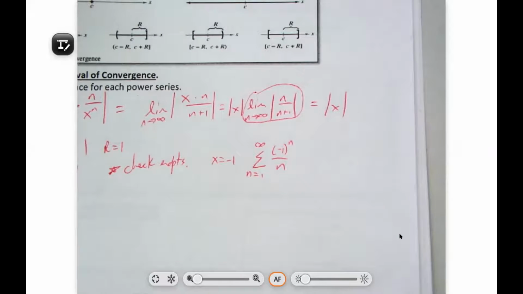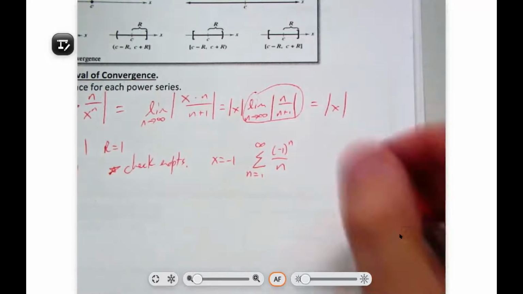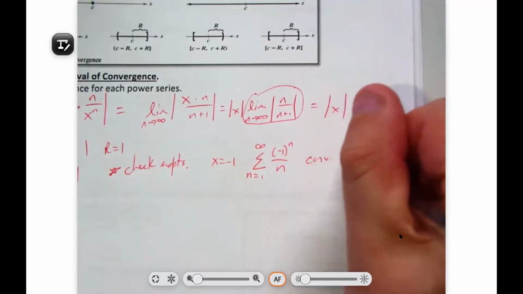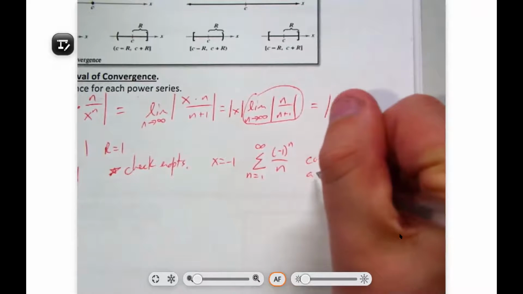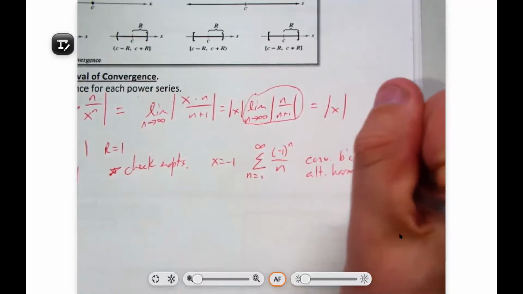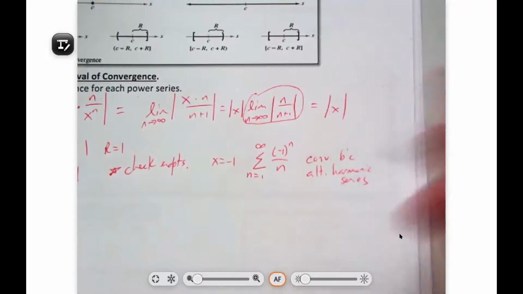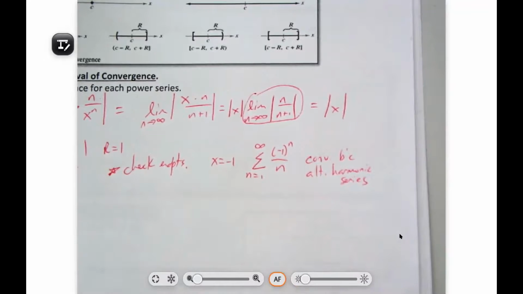Does that converge or diverge? Converges. The harmonic series diverges. The alternating harmonic series, which this is, converges. So this converges because it's the alternating harmonic series. So we know -1 is going to be included in our interval.